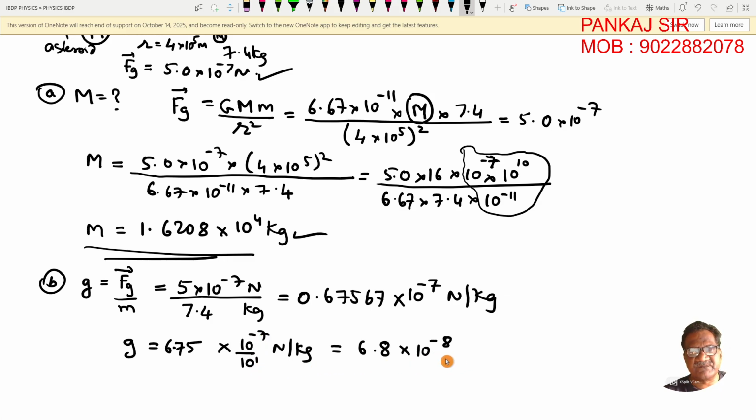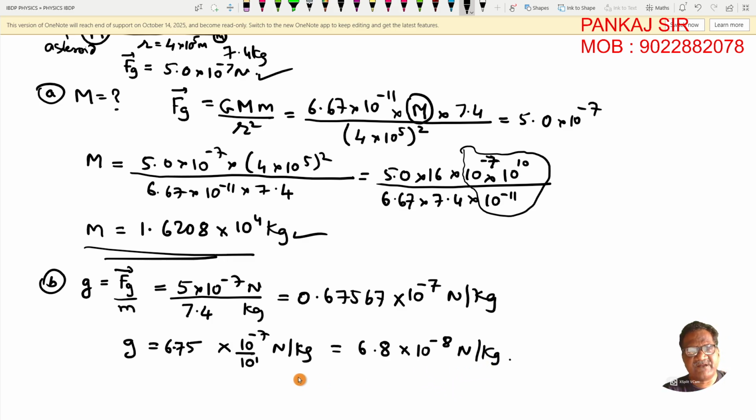It should be minus 8. Let me check it. Fine. So it is going to be 6.8 into 10 raised to minus 8 Newton per kg.